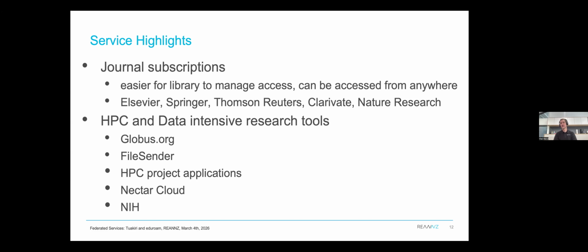The Nectar Cloud, operated out of Australia, also collaborates with New Zealand and uses Tuakiri for accessing their services. And just as a way of accessing research data, the US National Institutes of Health also uses the identity federation and through eduGAIN accepts Tuakiri login to various restricted datasets.